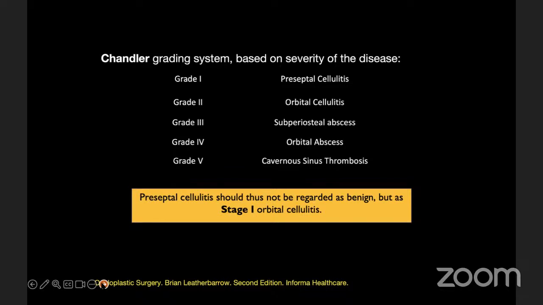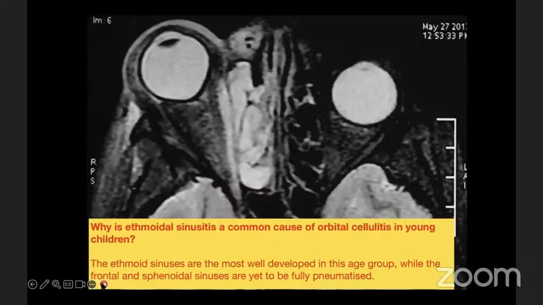It is important to note here that preseptal cellulitis should not be regarded as benign, because if it is left untreated, then it can progress into orbital cellulitis. That is why in this classification, preseptal cellulitis becomes stage 1, right?